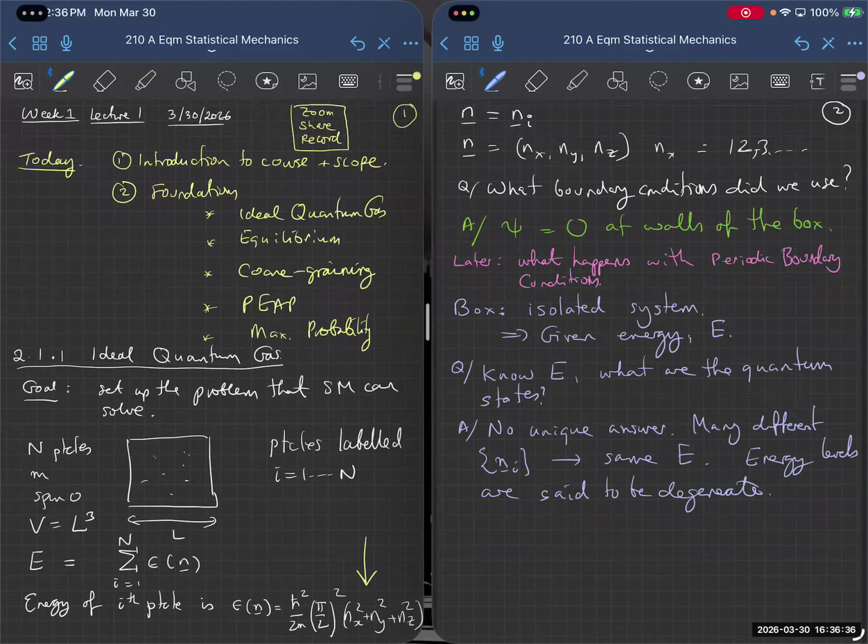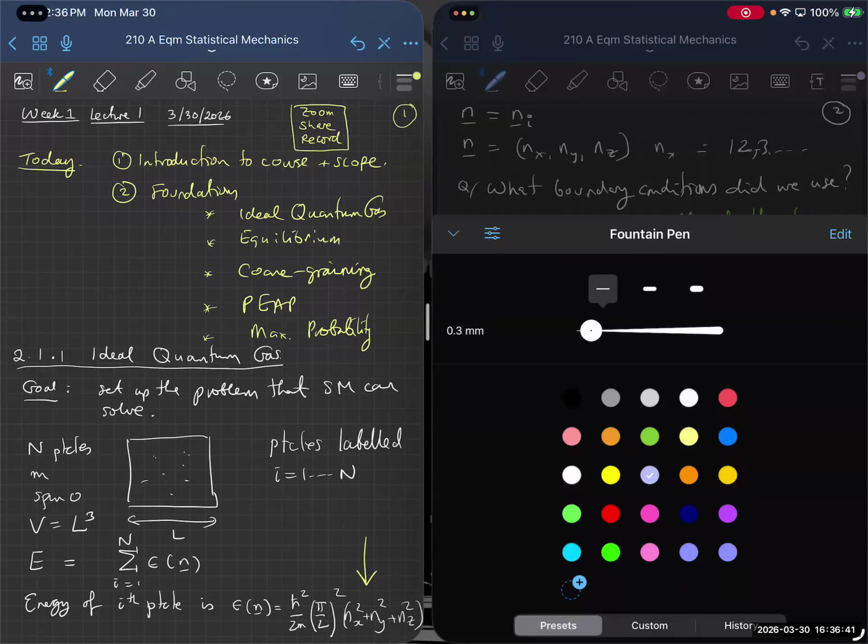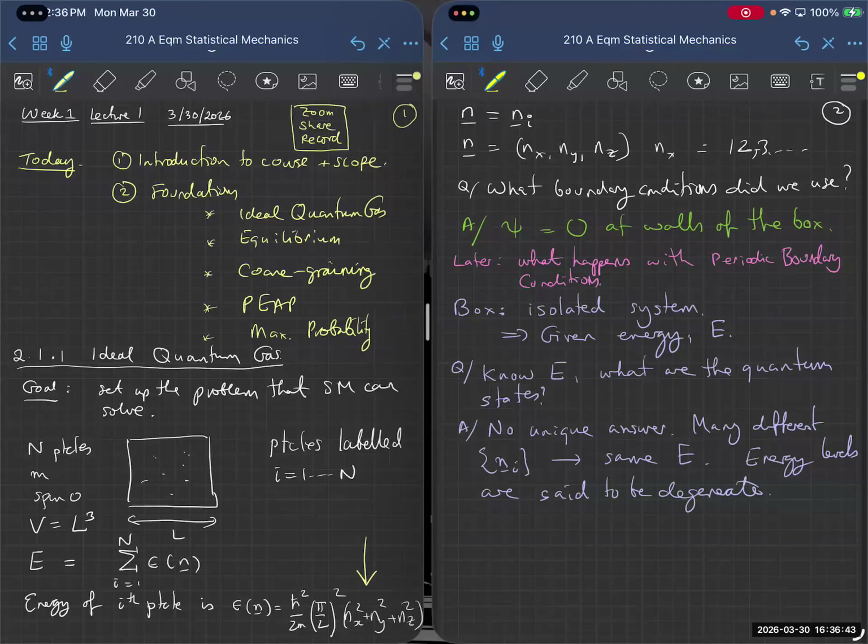Okay, so there's a whole bunch of states at each E. So now we have an interesting question. If I've got a real system, how does it choose the values of the quantum states?